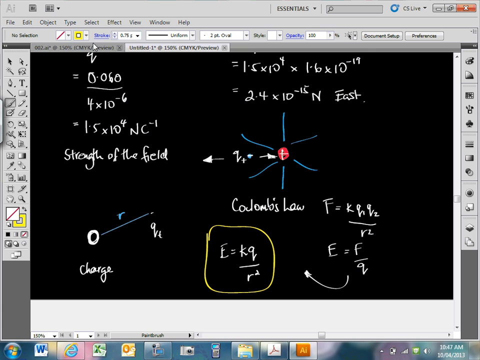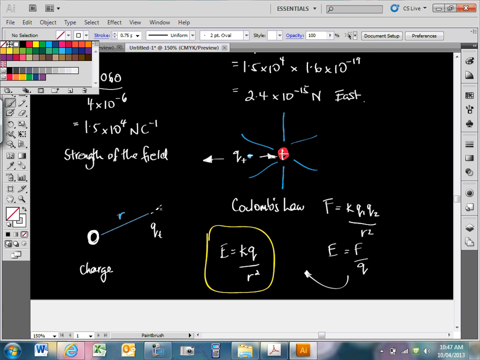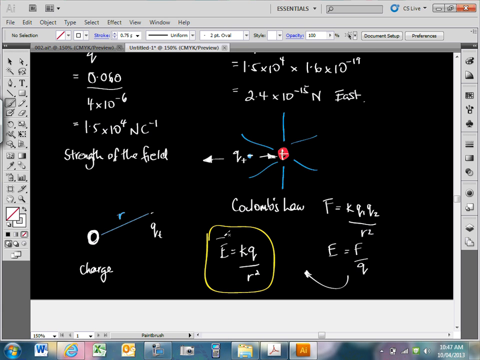I need more space than this, I'll go this way. So two ways to find the strength of the electric field. One using the force, and one using the distance between the charge and the test charge.